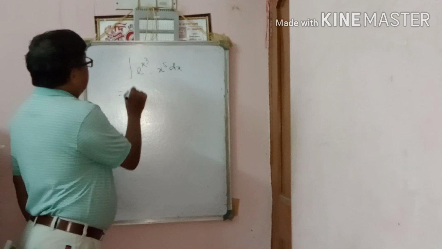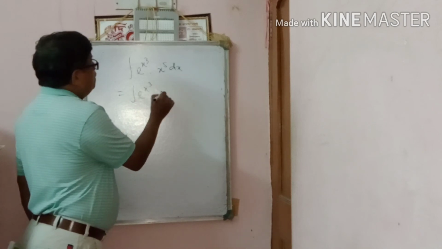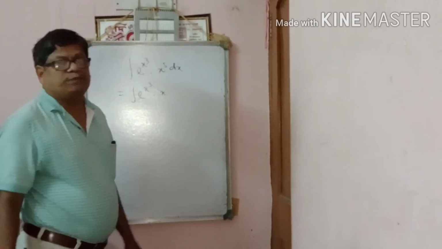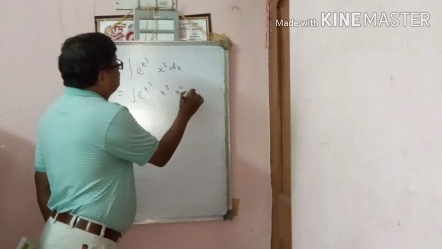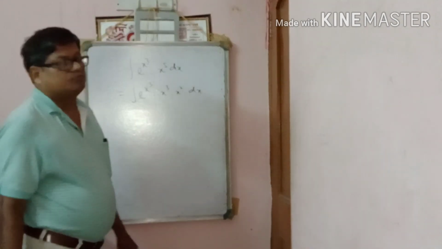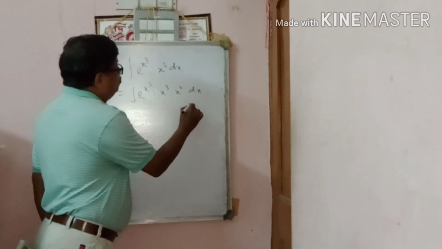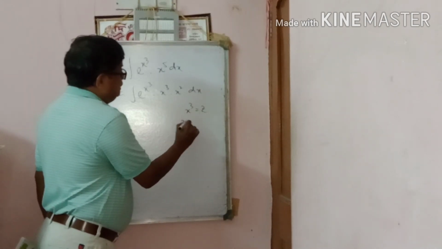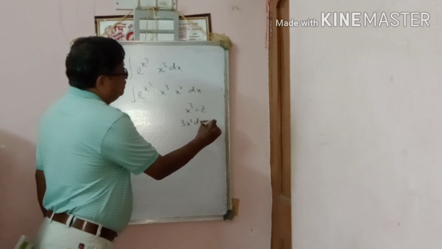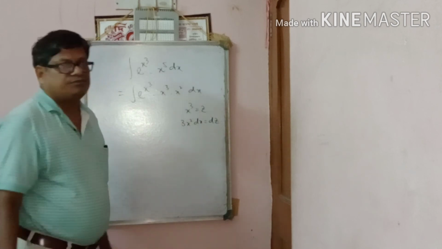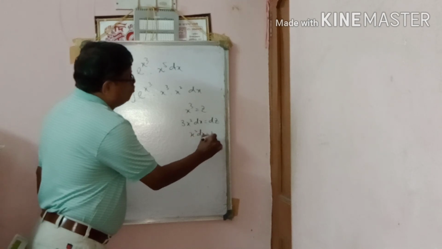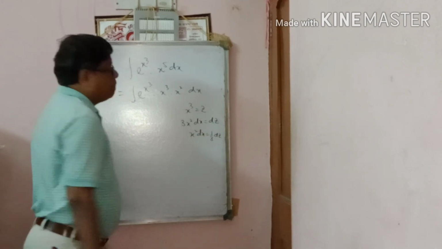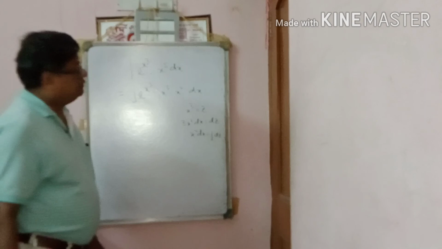You can write e to the power x cube into x cube into x square dx. Now consider x cube equal to z, then 3x square dx equal to dz. So x square dx is 1/3 dz.